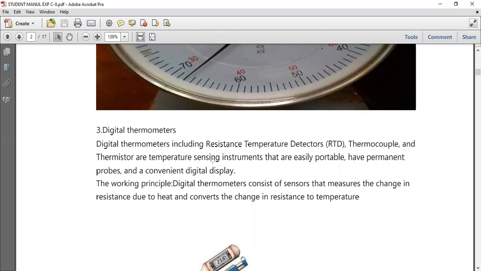They also have permanent probes and a convenient digital display. So the working principle of these thermometers is that they consist of sensors that measure the change in resistance due to heat and convert the change in resistance to temperature. So basically, that is how the digital thermometer works.